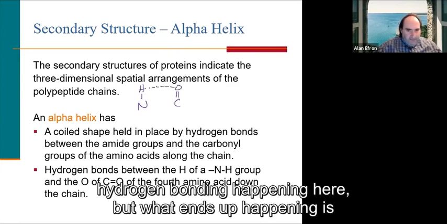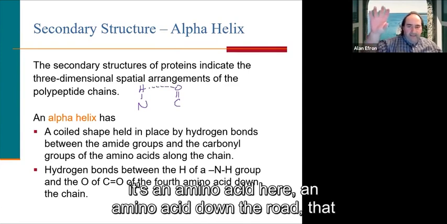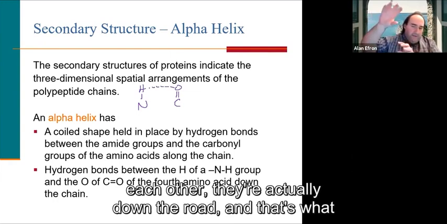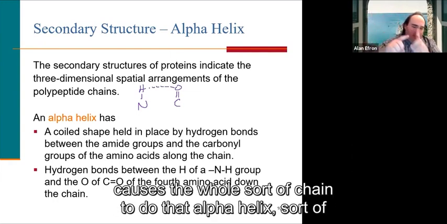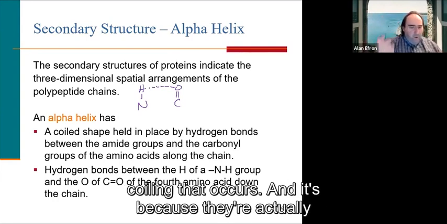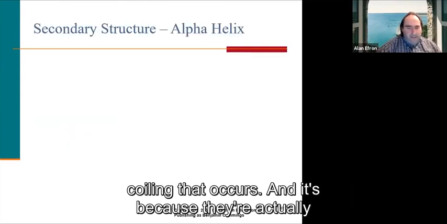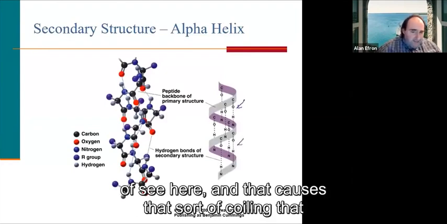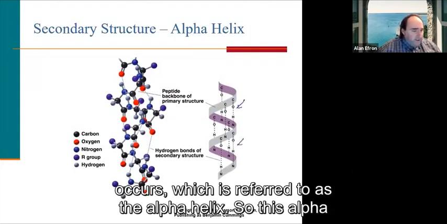So we have some hydrogen bonding happening here. But what ends up happening is it's an amino acid here and an amino acid down the road that actually starts doing that bonding. So they're not next to each other, they're actually down the road. And that's what causes the whole sort of chain to do that alpha helix sort of coiling that occurs. And it's because they're actually hydrogen bonding down the road from each other, as you can kind of see here. And that causes that sort of coiling that occurs, which is referred to as the alpha helix.